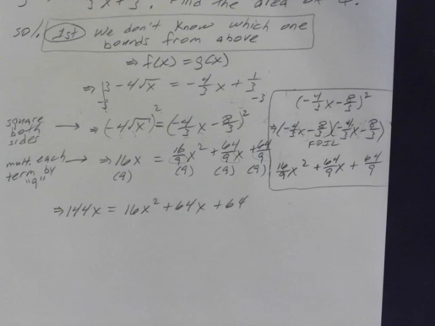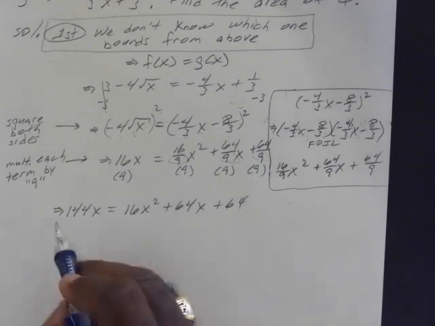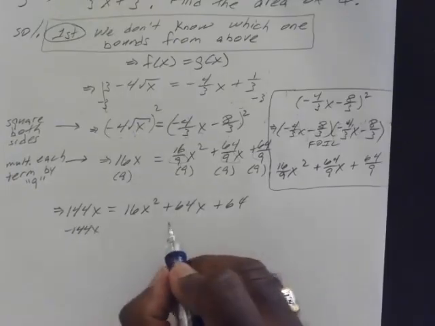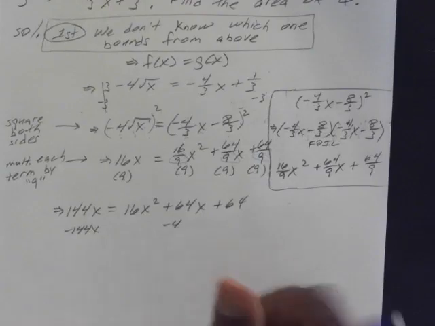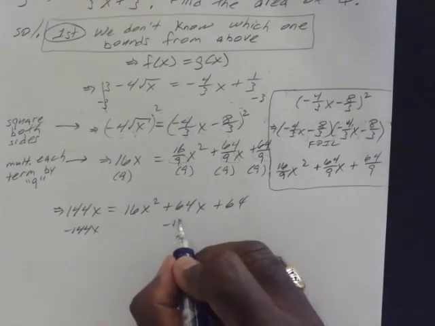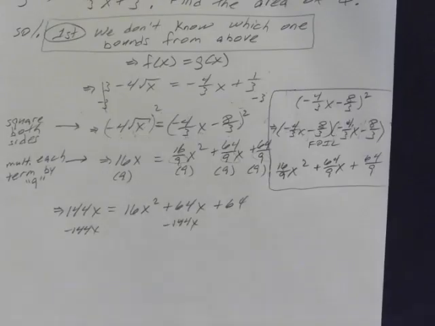We know it's quadratic, so we have to make it equal 0 before we can factor and solve it. So we go ahead and subtract 144x from both sides, and those two cancel each other out.